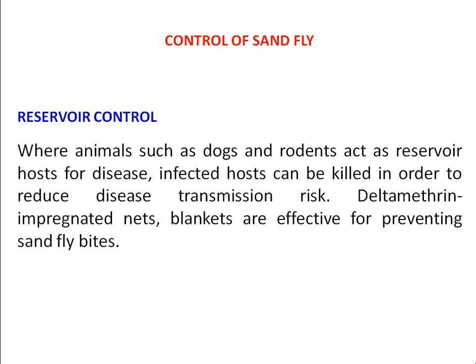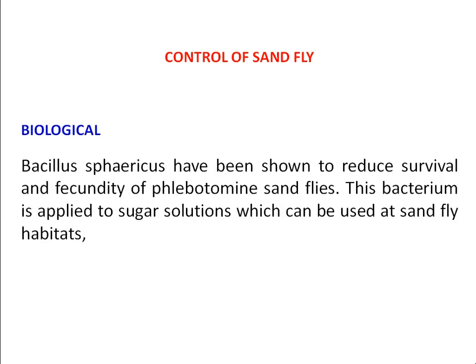At the same time, deltamethrin impregnated nets and blankets are effective for preventing sandfly bites at houses. Biological control is one of the important methods, where Bacillus sphaericus has been shown to reduce the survival and fecundity of the phlebotomine sandflies.